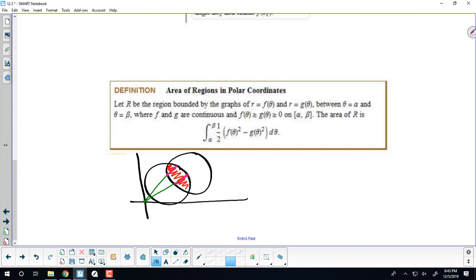So the f of theta minus the g of theta could be something like this, or maybe you want to think about f of theta as the outer, the one furthest from the pole, minus the inner, which would be our g.